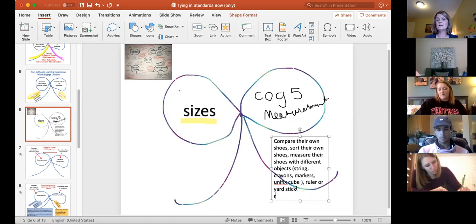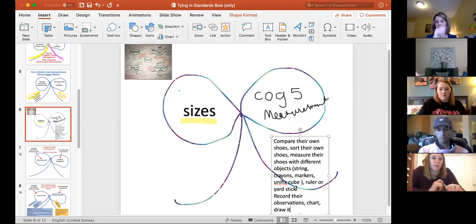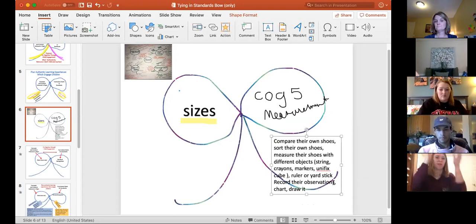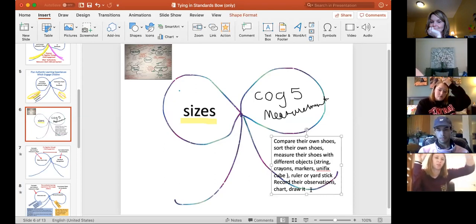Could they record their observations of this? They can chart it. They can draw it, right? We did it last year in Young Learners where it's like a realistic graph. We had teddy bears and we just lined them up based on clothes versus not clothes.